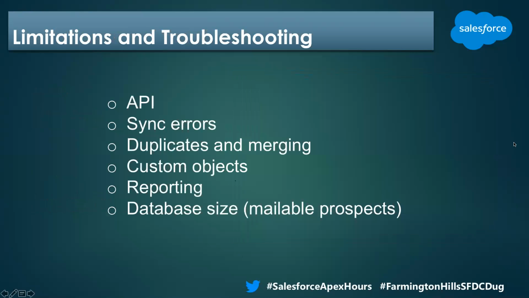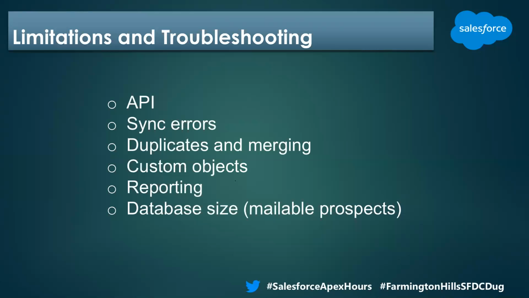Okay, and then finally, just some more limitations and troubleshooting. So I know that we've discussed a few as we've gone through, but things to be aware of. The Pardot API is very limited. You can't do any deletes. You can only do creates and updates, and obviously only on the prospect record, not on any other record.